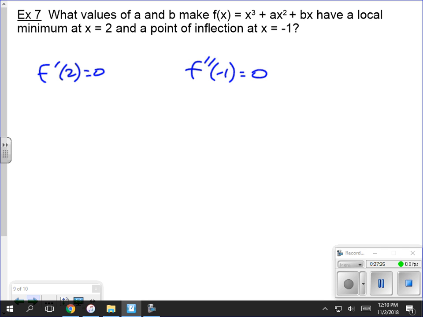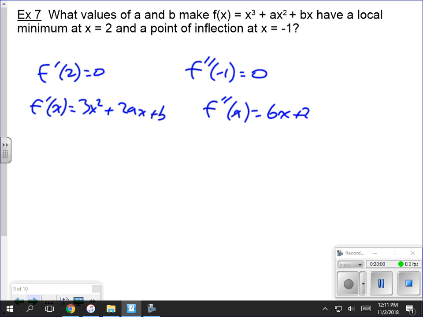So my first thing I'm going to need to do is find the first and second derivative. So the derivative of f of x, f prime of x, would be 3x squared plus 2ax plus b. F double prime of x would be 6x plus 2a.